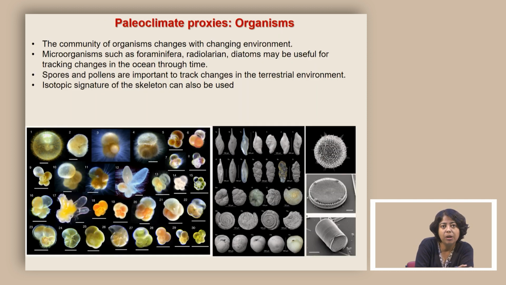So, there are different ways of looking at it. One way of looking at it is to look at the ocean sediments. Ocean sediments will also contain the crushed up shells of ocean animals, and the isotopic signature of those crushed up shells from the ocean sediments can also tell you something about the condition in the long past.